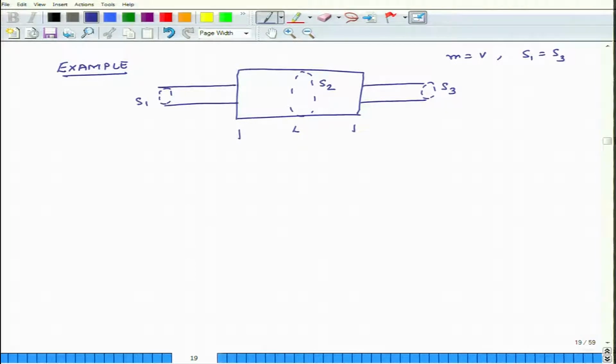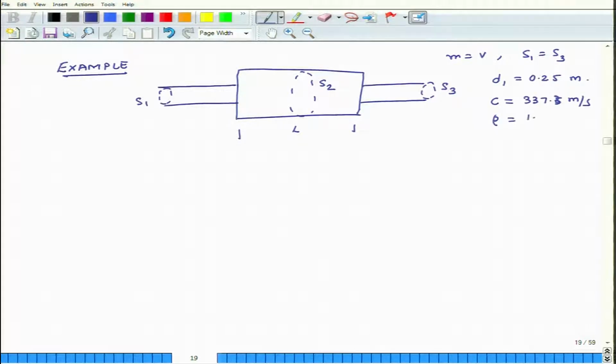And the next thing we are going to say is that D1 is 0.25 meters, and the speed of sound in this tube is going to be 337.3 meters per second.